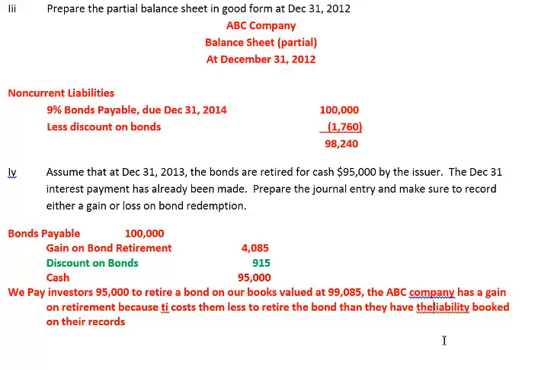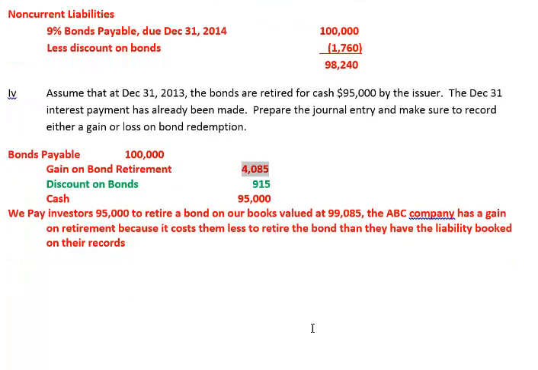So it's costing them less to retire it than it's booked on their records, so that means that they have a gain. So logically, you can figure that out as well. So this concludes our video on bond discount.